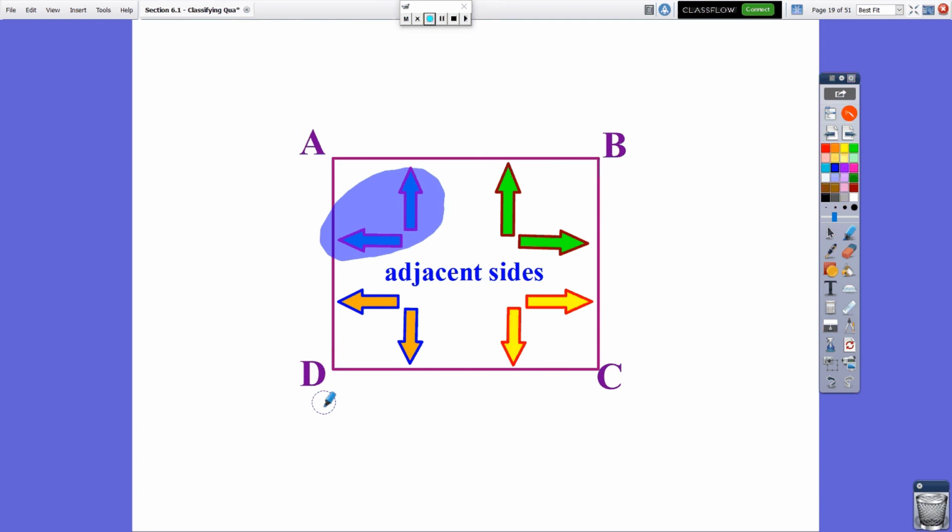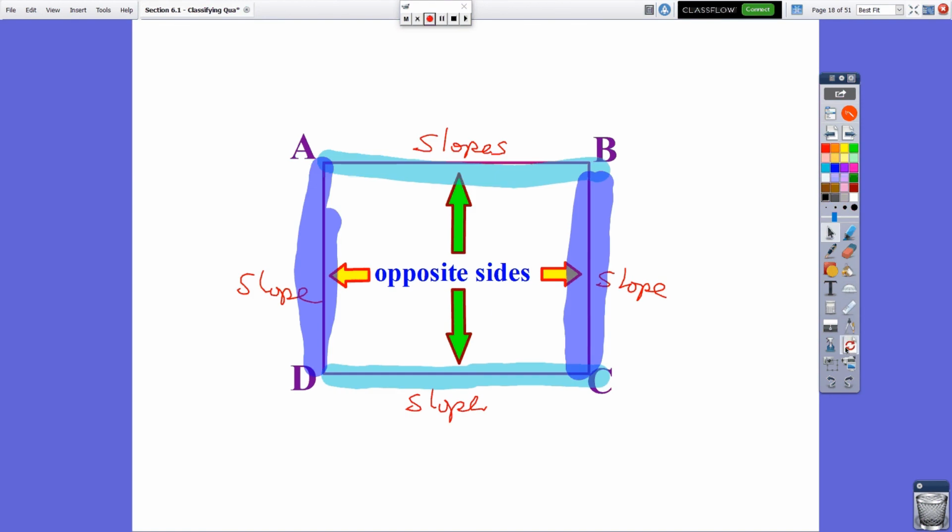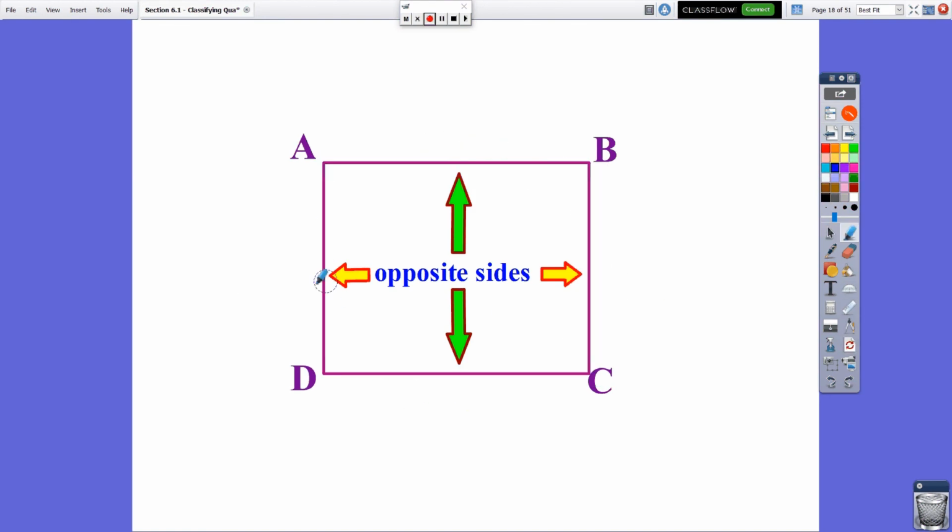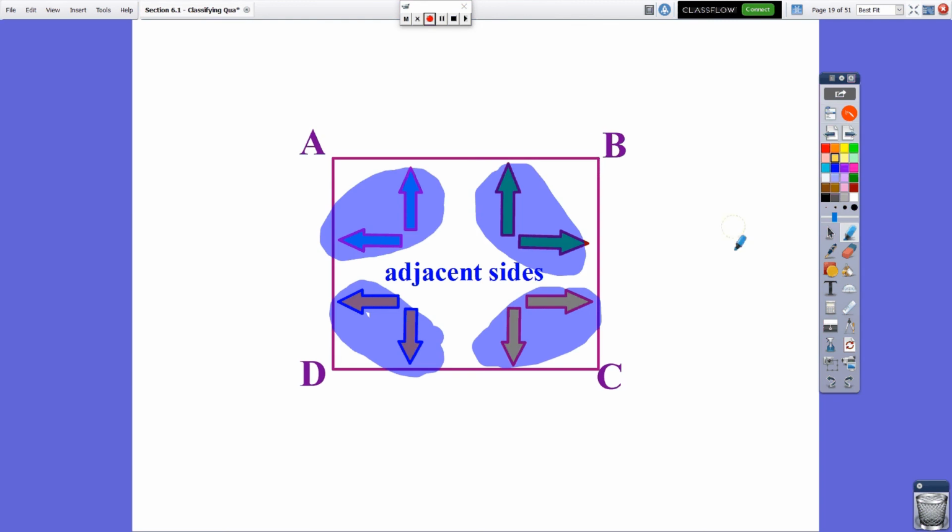These two sides could be adjacent to each other and be perpendicular, or these two sides, or these two sides, or these two sides. So in terms of adjacent sides, there's really kind of 4 sets going on here. But back with opposite sides, we only have 2 sets of opposite sides, right? We've got these 2 opposite sides, and we've got these 2 opposite sides. So adjacent, there's a little bit more to discover there, a little bit more to explore.